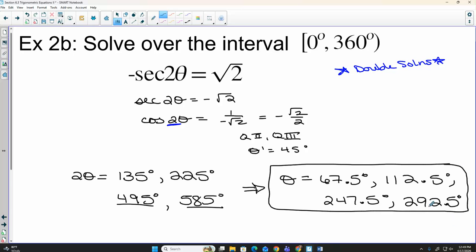And notice this is right up until the end. We'll move to 360. Are you guys understanding the strategy I'm using here?